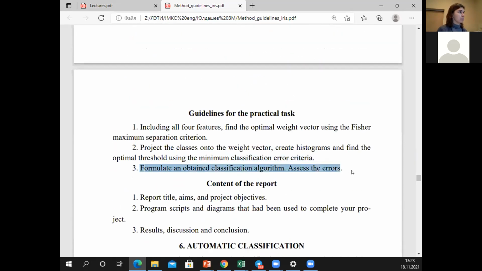The third step is to formulate and obtain classification algorithms. Do you have any ideas what you will write here? What does it mean, classification algorithm?